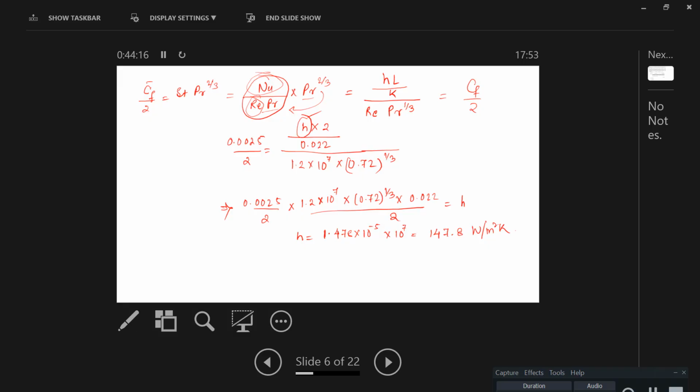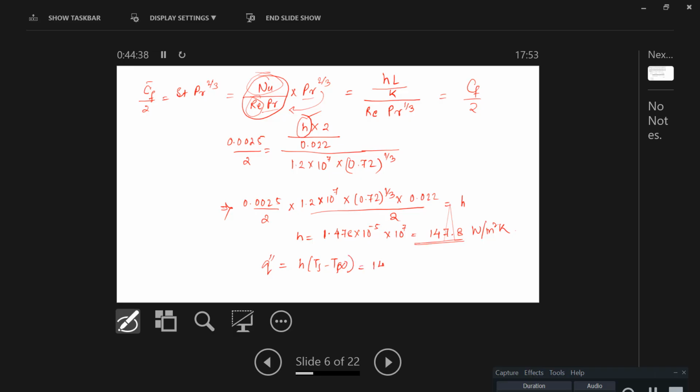You are supposed to get this value, 147.8 watt per meter square Kelvin. So from here you can calculate what is Q flux inlet, Q double dash. You don't require the area here. So direct H into Ts minus T infinity.